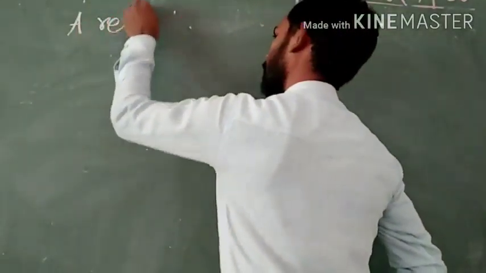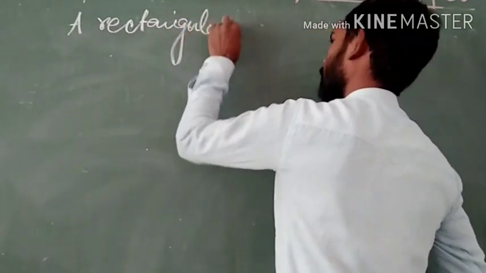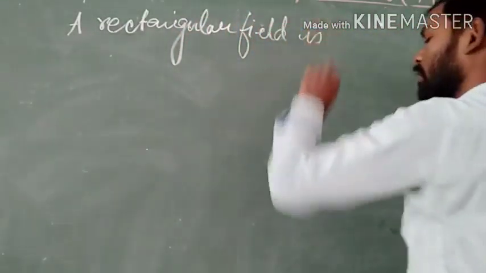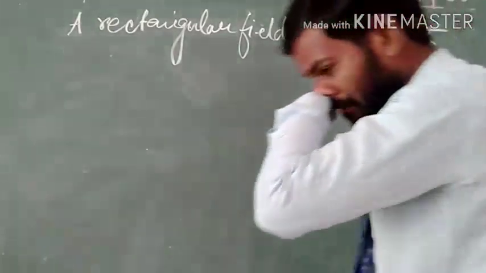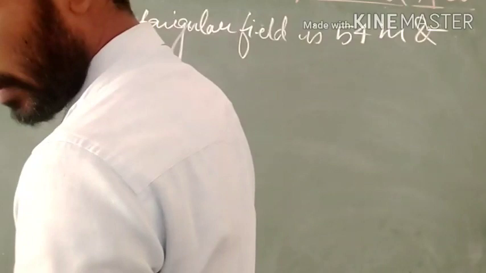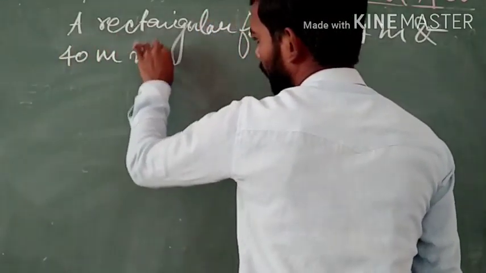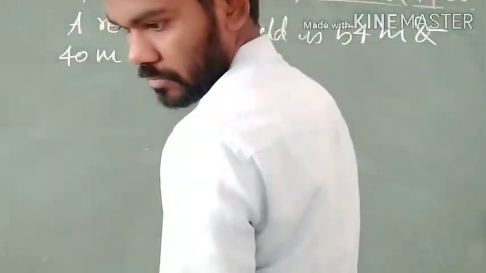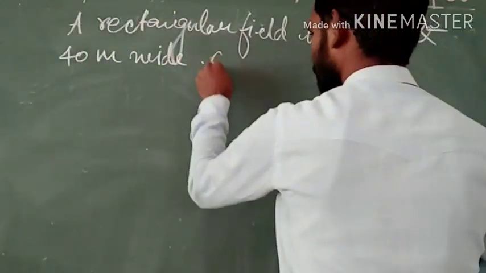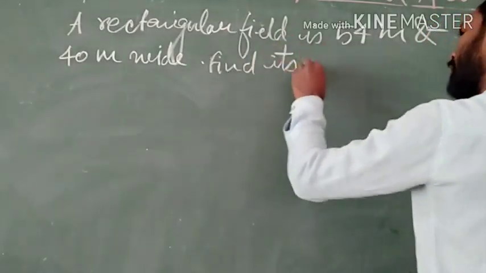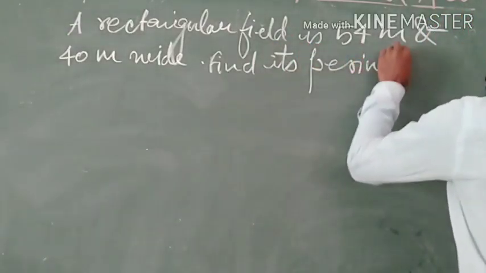The last question is: a rectangular field is 54 meter long and 40 meter wide. Find its perimeter.